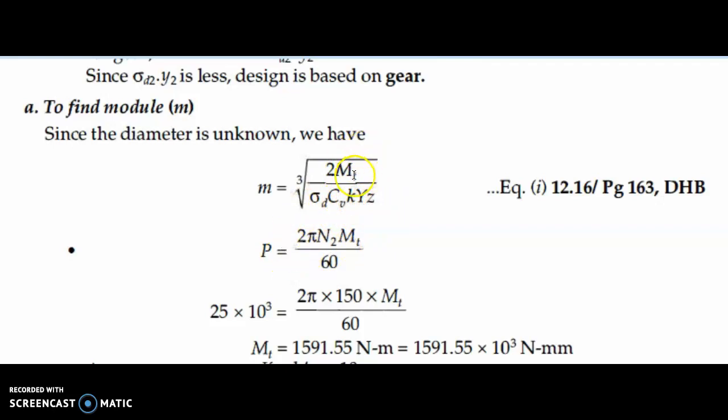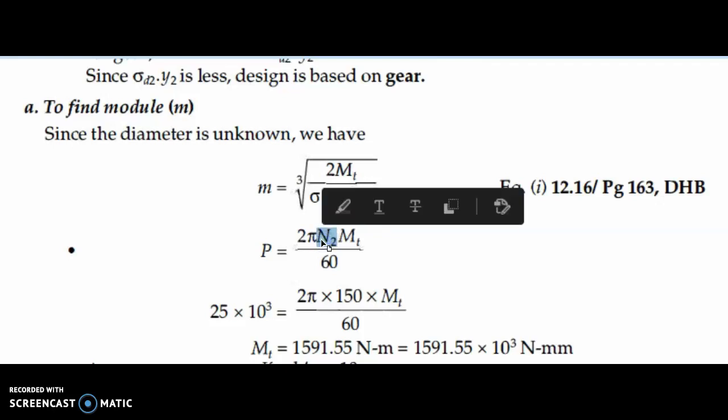We can calculate Mt from power. Power is equal to 2 pi N Mt by 60. Here we are using N2. Why? Because we identified the gear, the second one, as having the weaker strength factor, so we have to select N2.